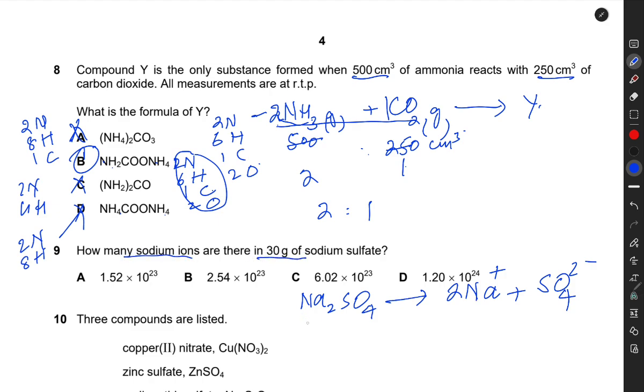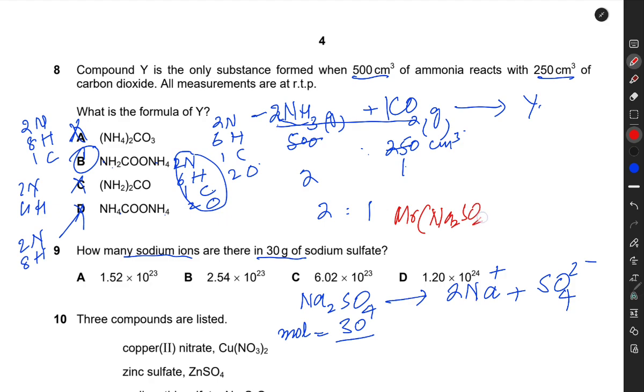So first calculate the mole of sodium sulfate, which is equal to 30 divided by Mr of sodium sulfate.